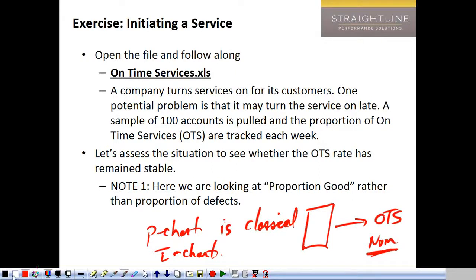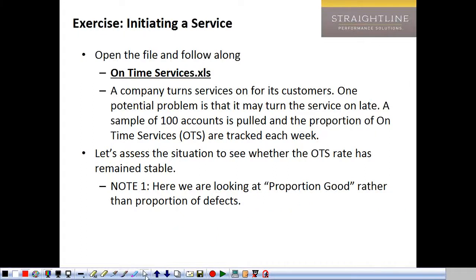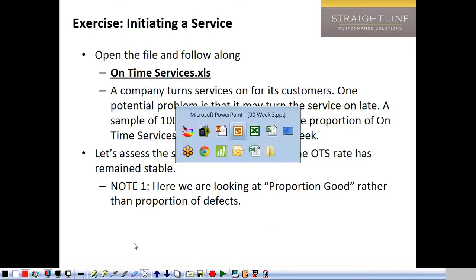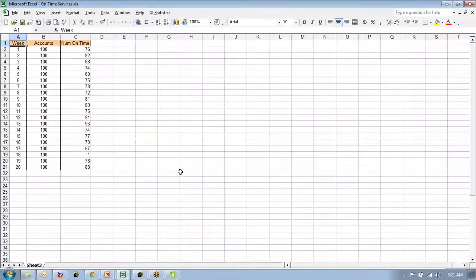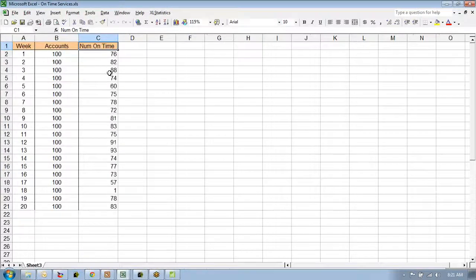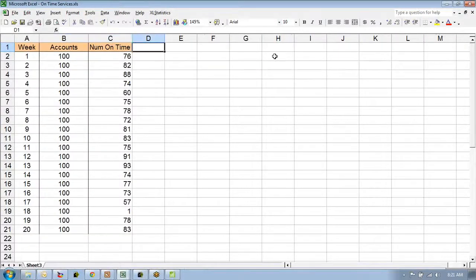Okay, so let's go ahead and open up the data file for that. On-time services. Open that up and aha, okay. So here we've got on-time services. Here's the number on time. We want to look at the proportion on time, proportion OTS.